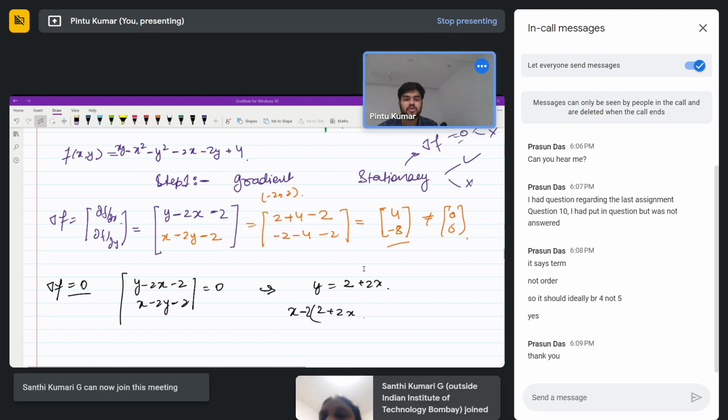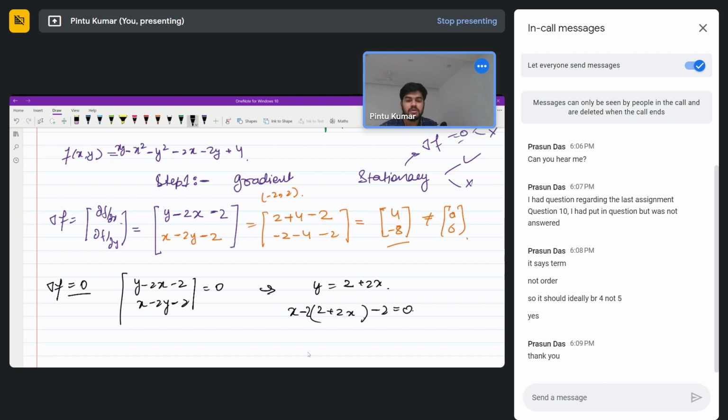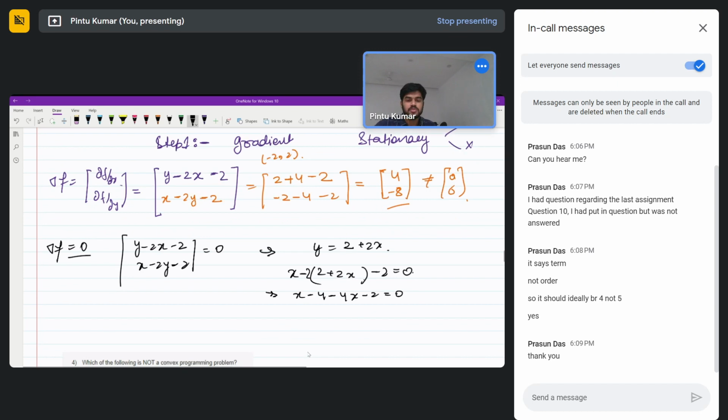Okay, 2 plus 2x minus 2 is equal to 0. So this would mean that x minus 4 minus 4x minus 2 is equal to 0. This would be minus 3x is equal to 6.